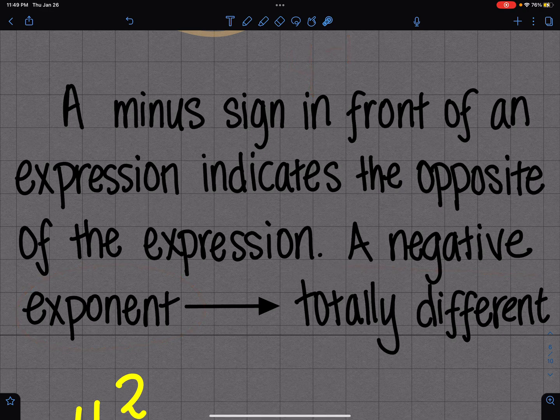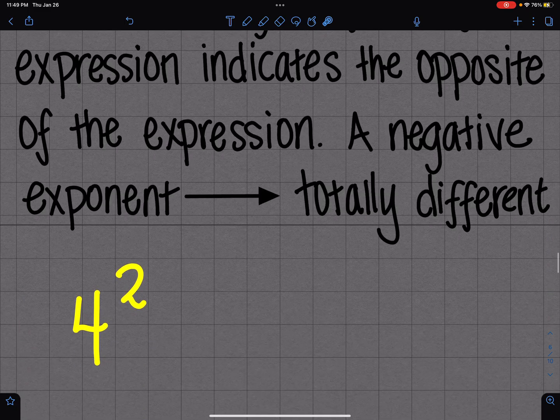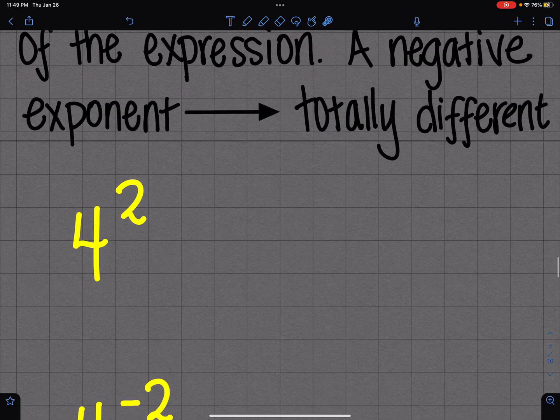It does not mean the opposite of it. A negative exponent has a meaning that's entirely different. I don't know if we've gone over this, but it means that you put it on the bottom, right? So we're going to go over some examples, and you're going to see how confusing this can get really quickly, which is why you need to pay a lot of attention, okay?